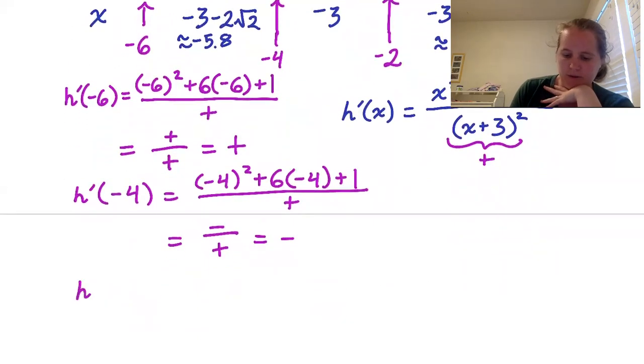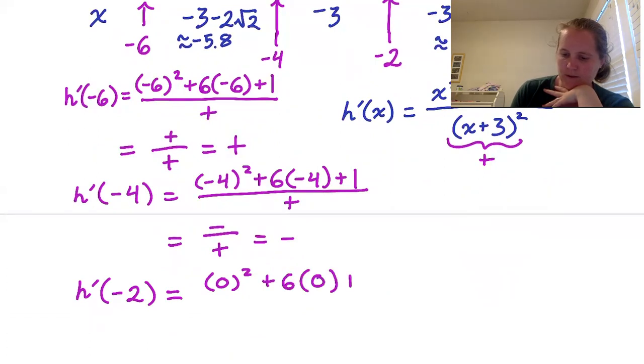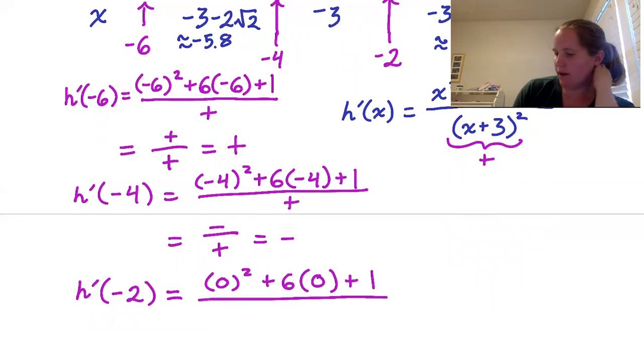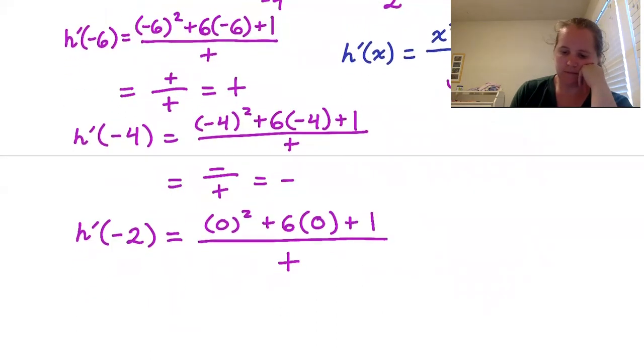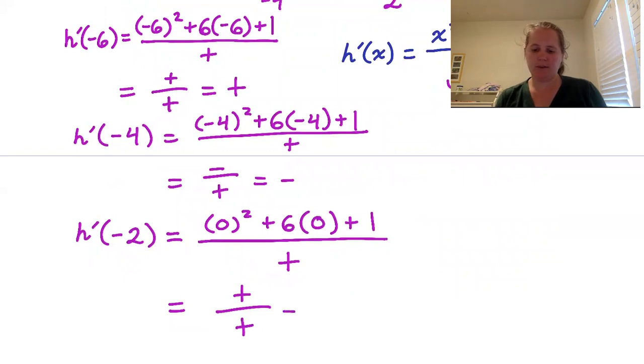At h prime of -2, we will have 0 squared plus 6 times 0 plus 1, all divided by a positive. And so we wind up with a positive over a positive, and that's a positive answer.